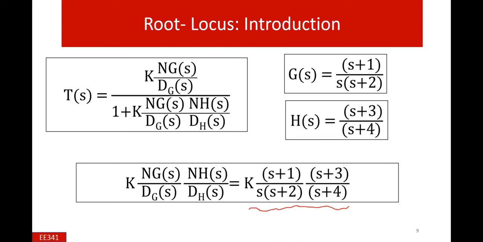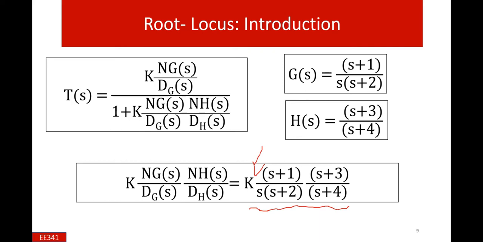Here K is variable, and in s plus 1 times s plus 3 there are two zeros, one at -1 and the other at -3, and these are the open loop zeros. There are three poles: one at 0, another at -2, and a third at -4.